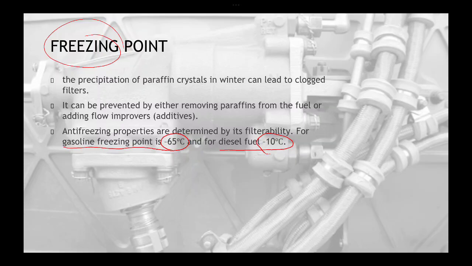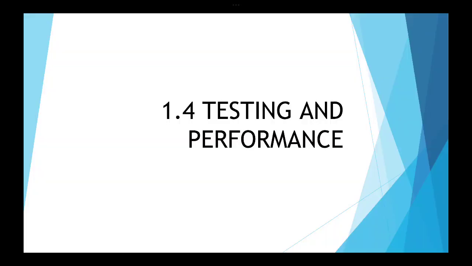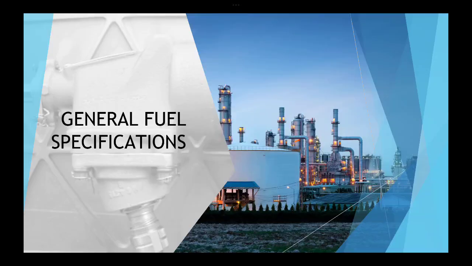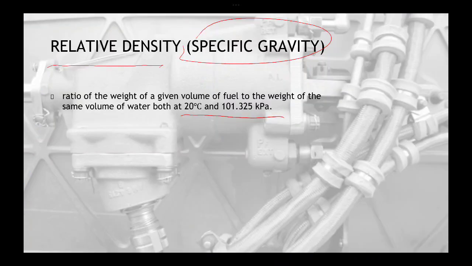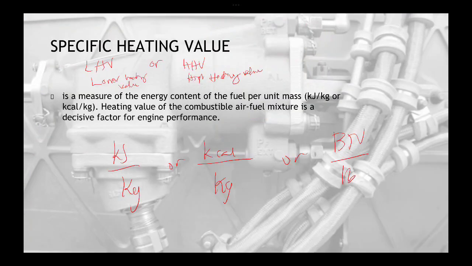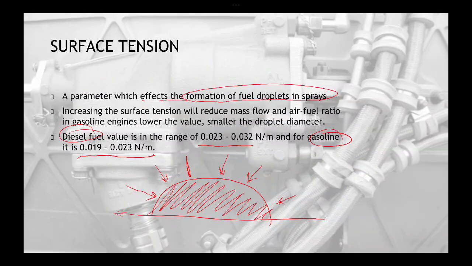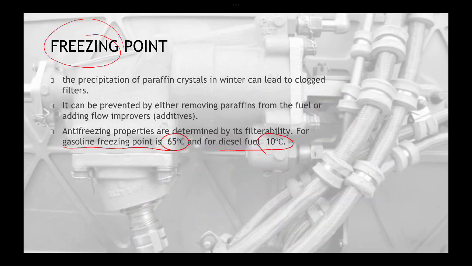That's freezing point. Are we good with the general fuel specifications? That's specific gravity, specific heating value, the flash point, viscosity, and surface tension. Lastly, the freezing point. Are we good with that? I hope you do follow.